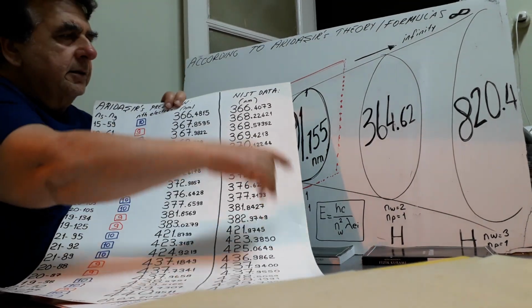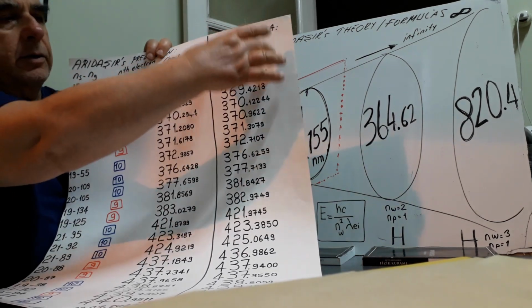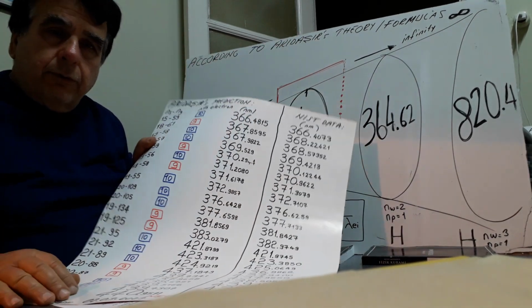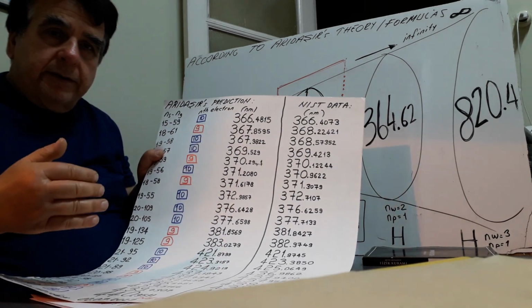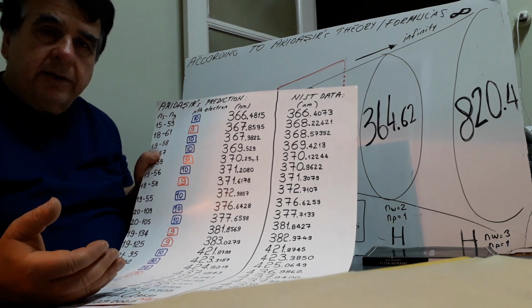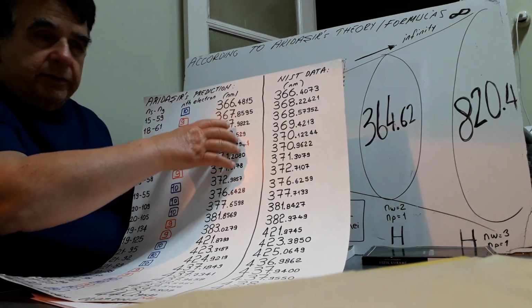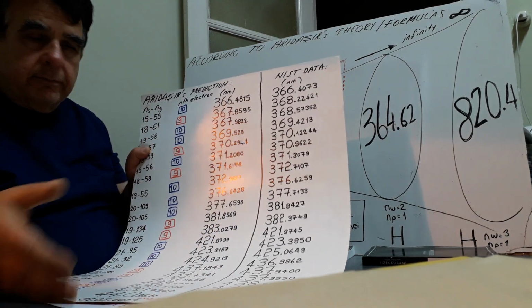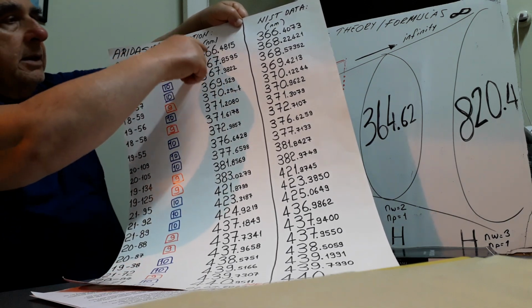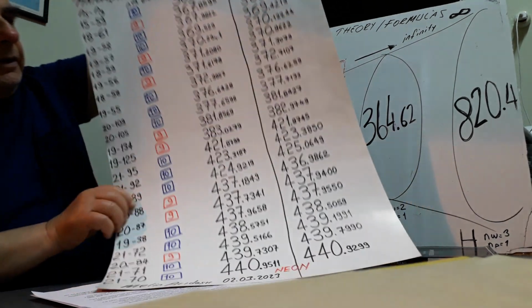Right side, NIST data, observation. If you want, compare observational data, experimental results, and my theoretical computations here. Okay, line by line. Left side, my computation. Right side, NIST data.